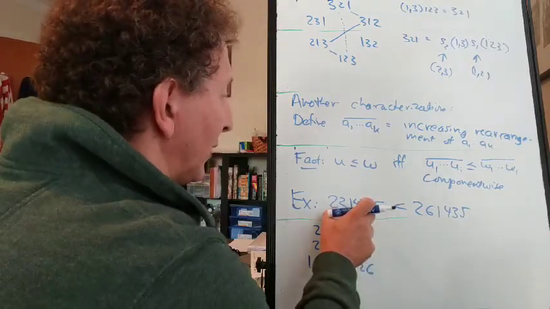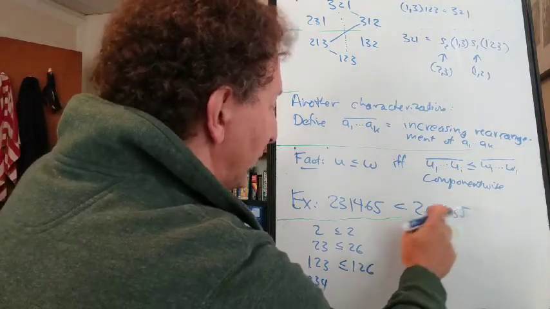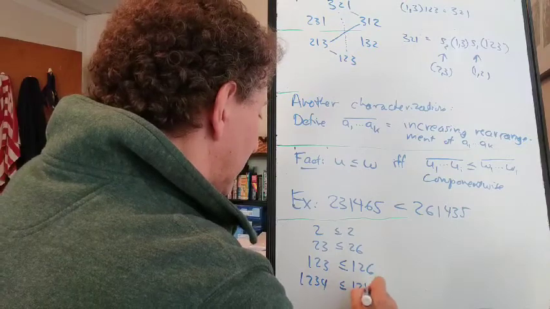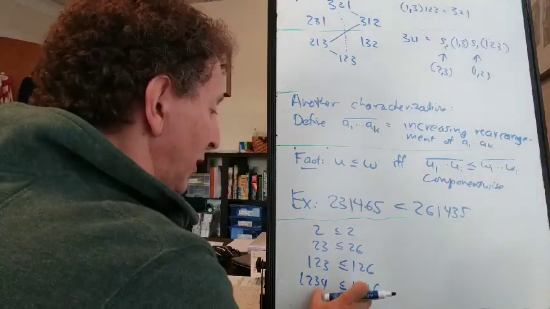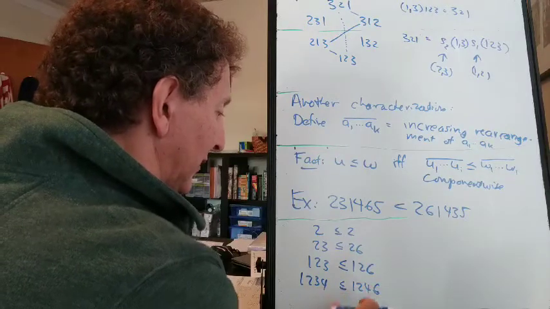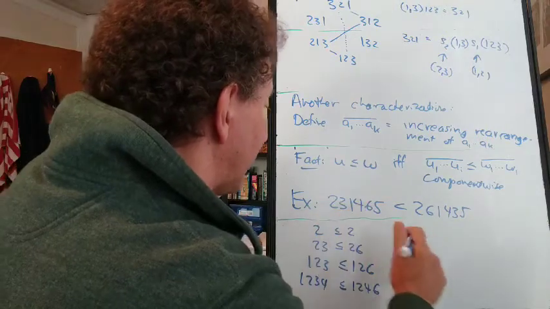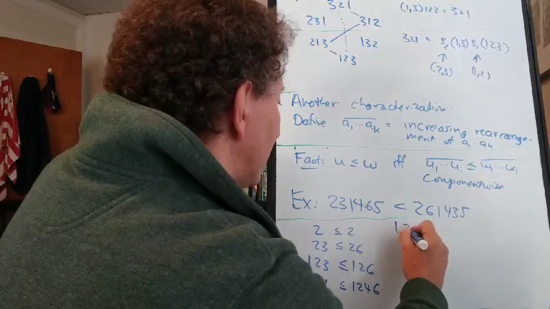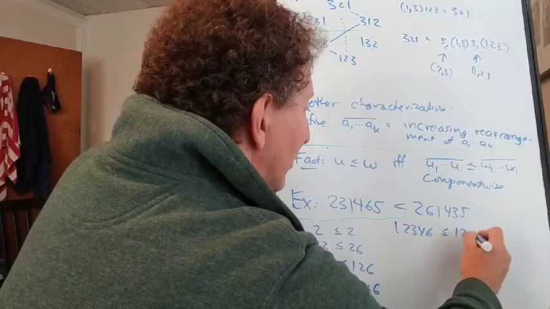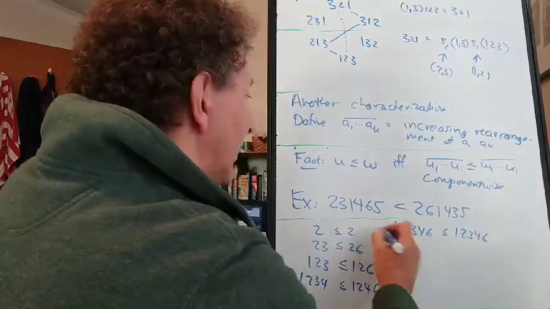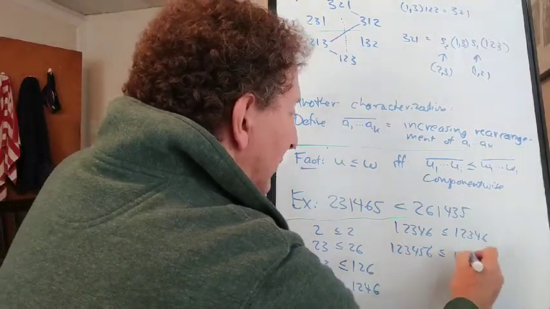And then the first 4 letters, 1, 2, 3, 4, and 1, 2, 4, 6. 1 and 2 are equal to 1 and 2. 3 is less than 4, 4 is less than 6. And then do the first 5 numbers on each side. That's 1, 2, 3, 4, 6, and 1, 2, 3, 4, 6. And then, of course, 1, 2, 3, 4, 5, 6 when we put in all the letters.